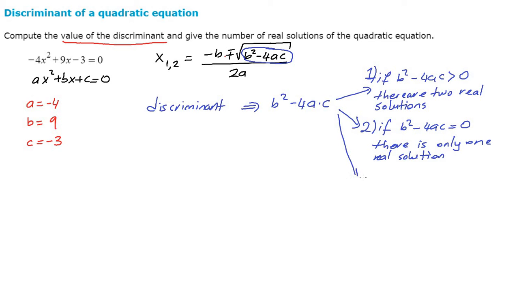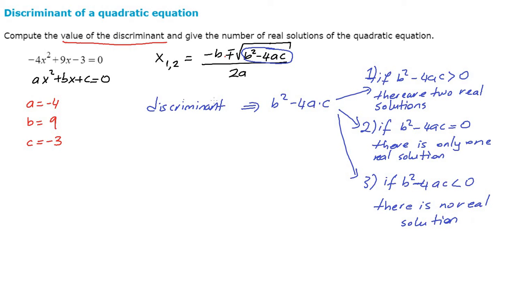The third case is if the discriminant, b squared minus 4ac, is less than 0, then there is no real solution.